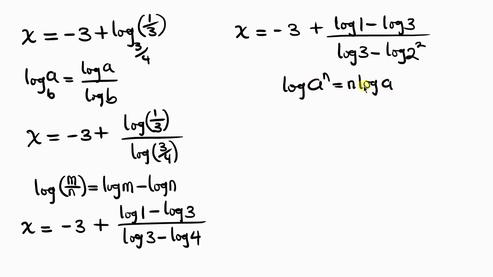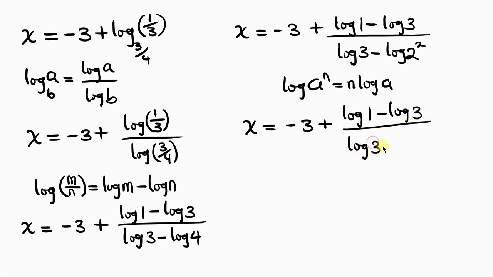So I'm going to be applying this to what we have here, so that x will become -3 plus log 1 minus log 3 all over log 3 minus, just like this expression becomes 2 log 2.